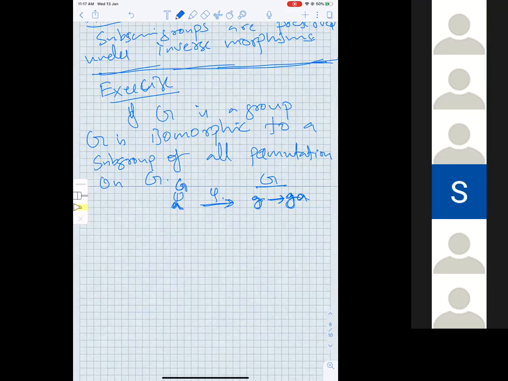And you want to say that this map, the right multiplying map, is a permutation.